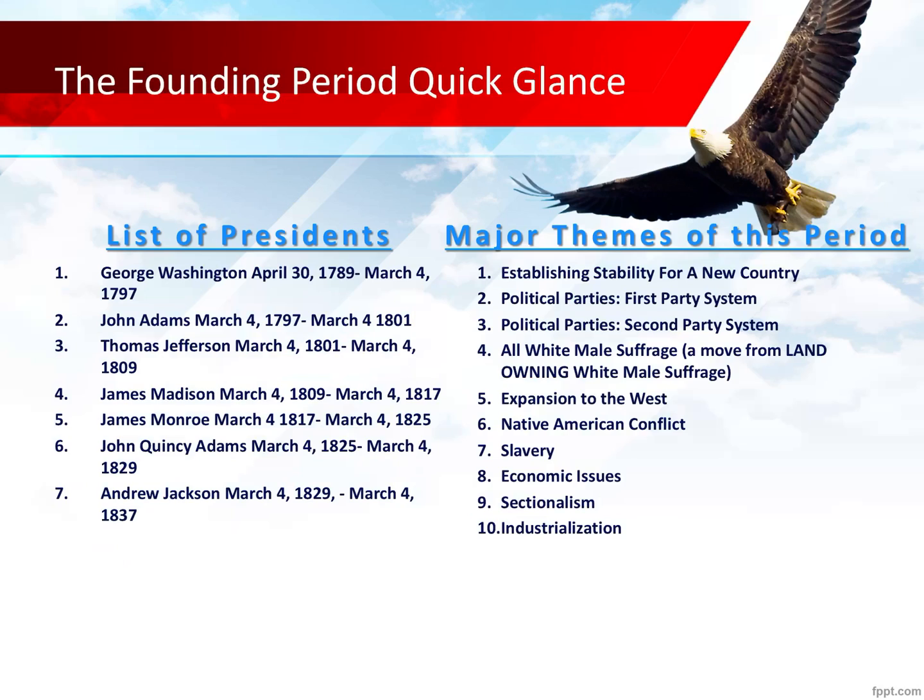James Monroe is the 5th. Our 6th president is John Quincy Adams, and a little note about how he became president later on. And then Andrew Jackson. And really, Andrew Jackson brings the end to this era quite abruptly.